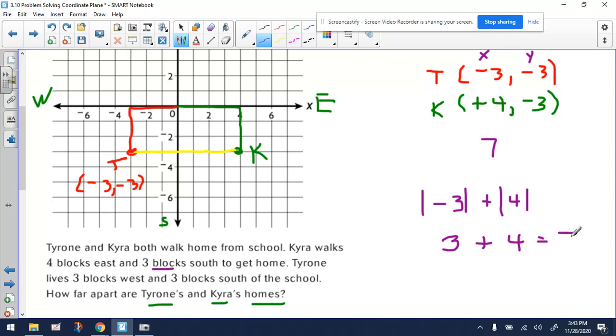So we can come up with the 7 blocks apart by just knowing what their ordered pairs are, which, by the way, it's not an accident that we're talking about 3 blocks west and 3 blocks south. So that's west and south, right, for Tyrone. And it's 4 blocks east and 3 blocks south. So that's not an accident that we're talking about east being positive and south being negative, right? So we could come up with these ordered pairs just by reading this.